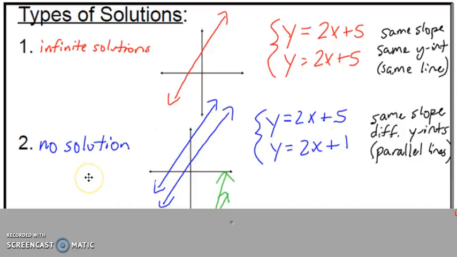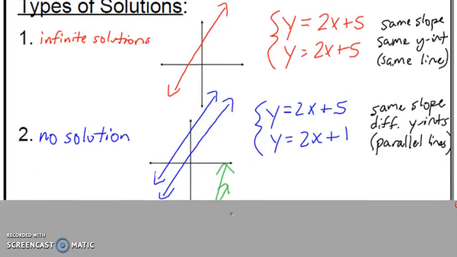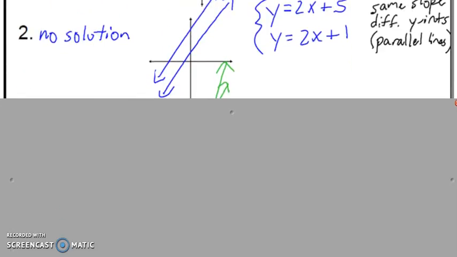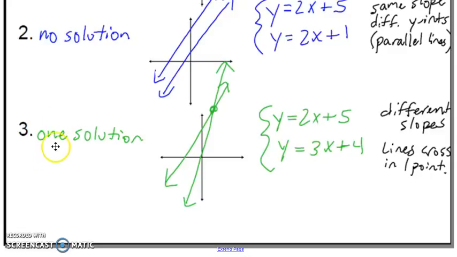These are the two special cases, but most of the time we actually wind up with a system of equations that just crosses in one point, or really has one solution. So our last case is when we have two lines crossing in one point, so our system has one solution.